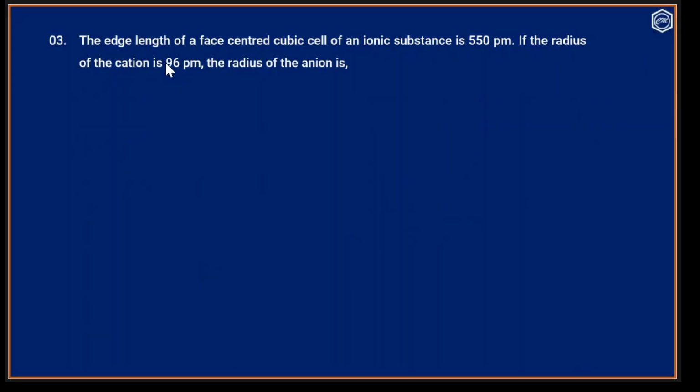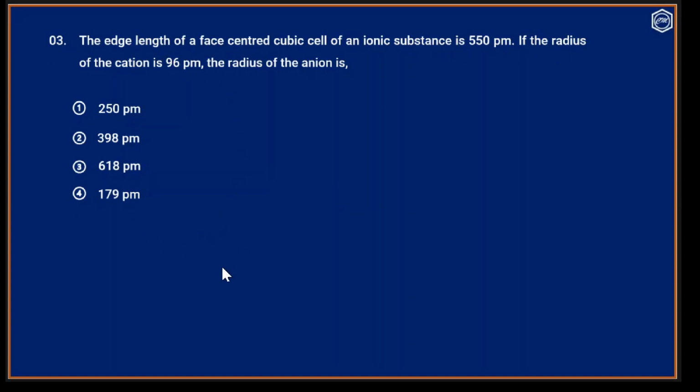Then 3. The edge length of a face-centered cubic unit cell of an ionic substance is 550 picometer. If the radius of the cation is 96 picometer, the radius of the anion is option 1, 250 picometer, 398 picometer, 618 picometer, 179 picometer.